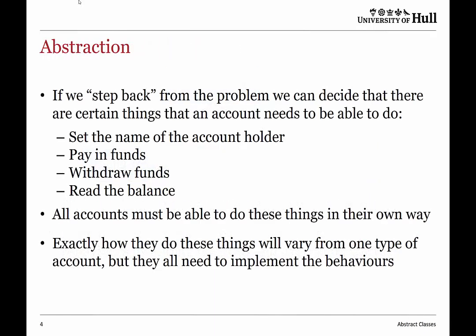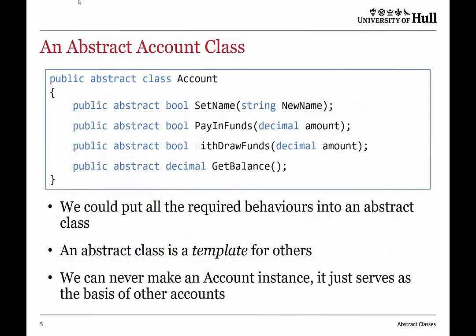And the 4 things that I pulled out, which all banks do, are set out there as bits of English. And what we do is this, which takes the 4 things the account must do, and puts them all into these abstract methods. So this thing is now a template.